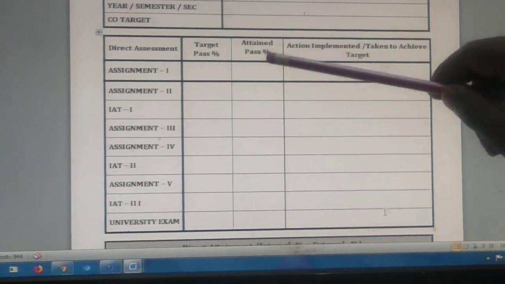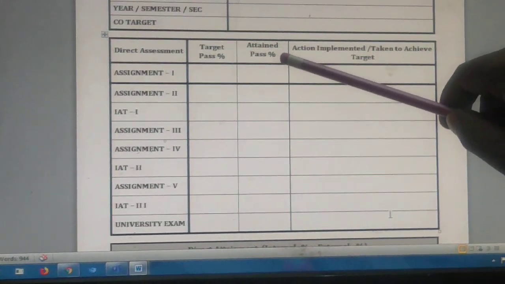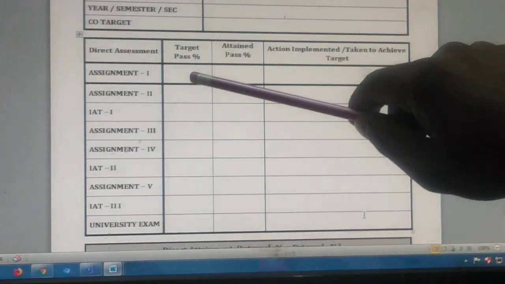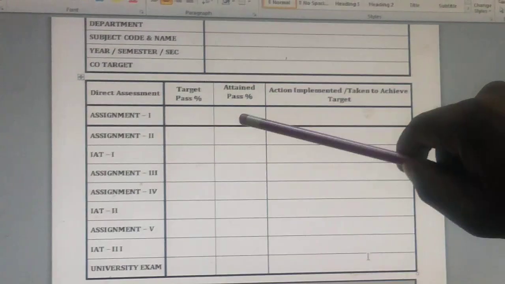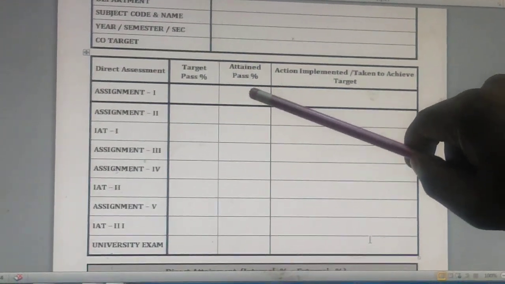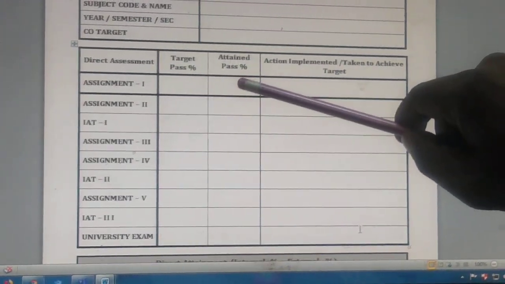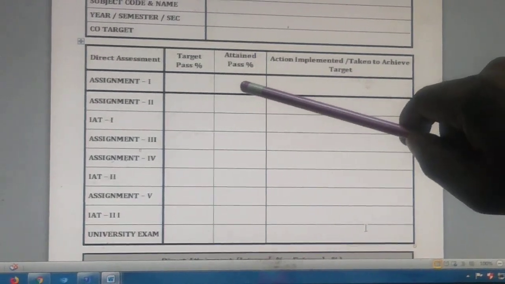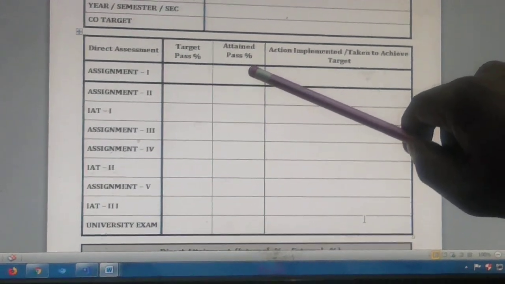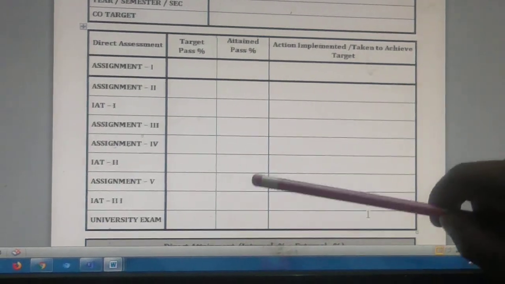Similarly, percentage of target attained. If the target fixed is 70%, then target attained is equal to the number of students who have completed and written the assignment divided by the total number of students in a class.